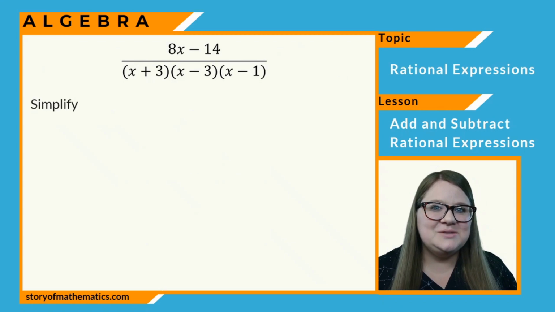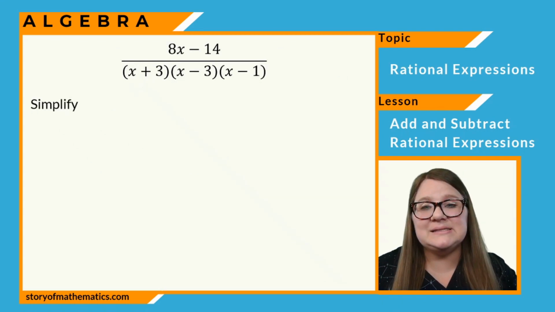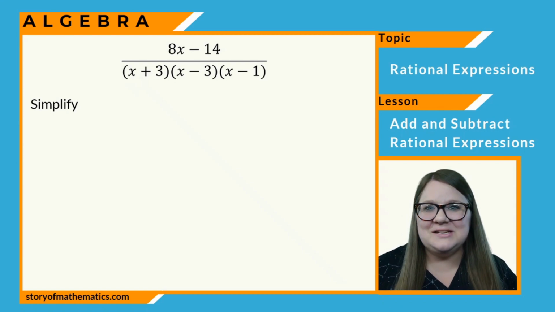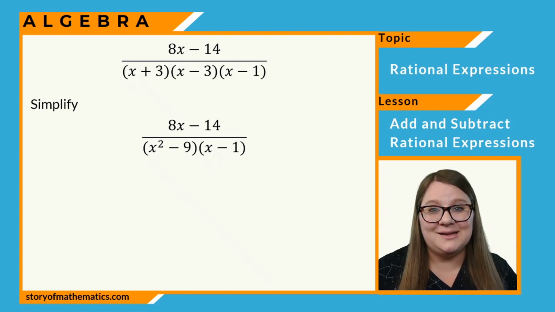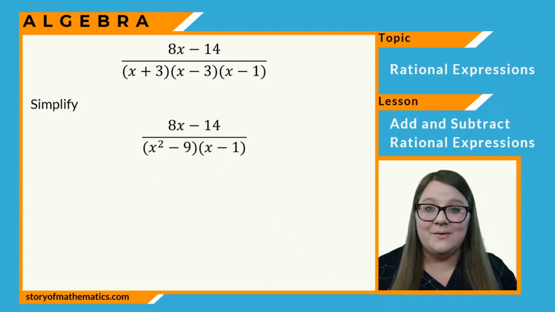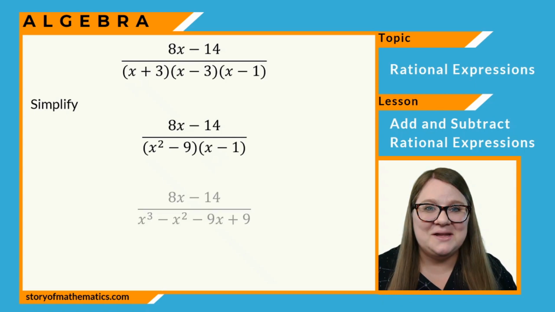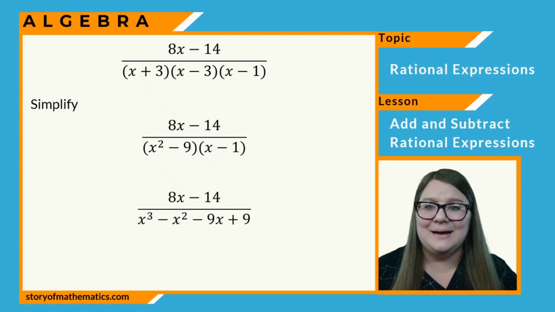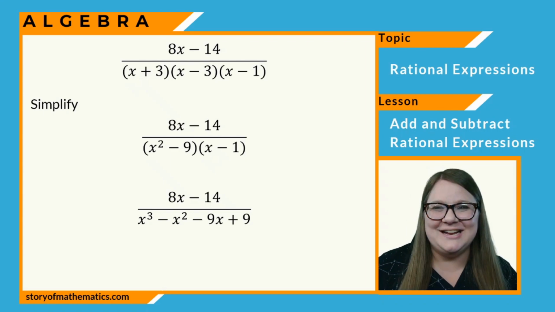The very last thing I need to do is simplify. In this case, it is a little bit simpler to have a multiplied out denominator. So I'm going to start by doing x plus 3 times x minus 3, which is x squared minus 9. Then I'm going to FOIL out x squared minus 9 times x minus 1, which gives me x cubed minus x squared minus 9x plus 9 in the denominator.